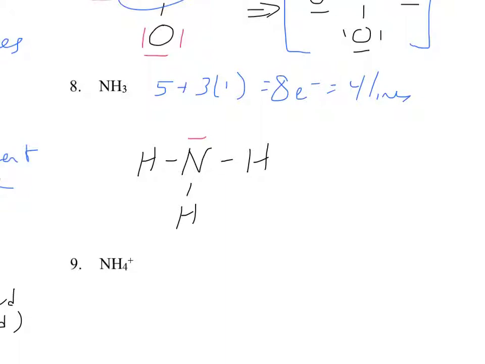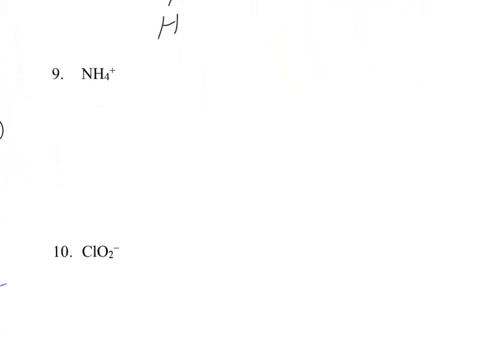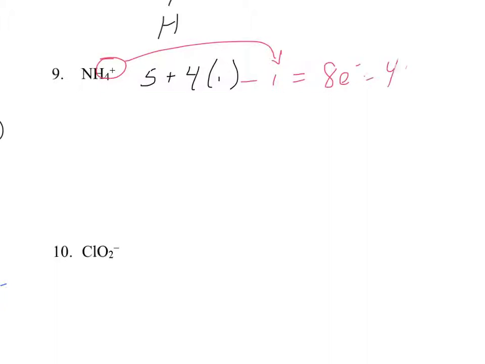Slightly different, of course, for the ammonium ion. We've got 5 plus 4 plus 1, and of course that charge means we have to subtract an electron for a total again of 8 electrons. 8 electrons, 4 lines.